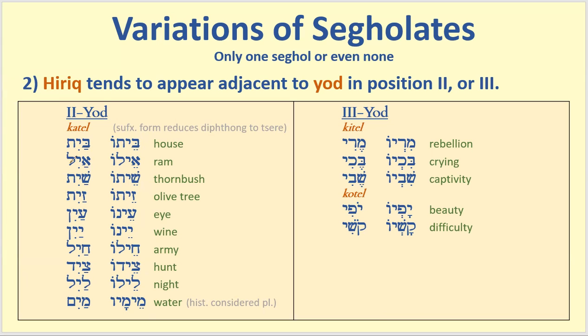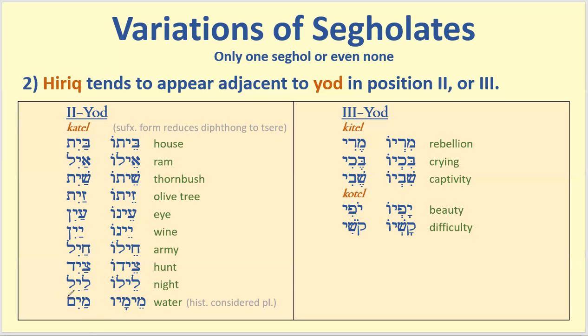So bayit, ayil, shayit, zayit, ayin, yayin, chayil, tzayid, layil. Layil is the original form of lila, nighttime. It was originally a segolate, layil. So his night would be lelo.